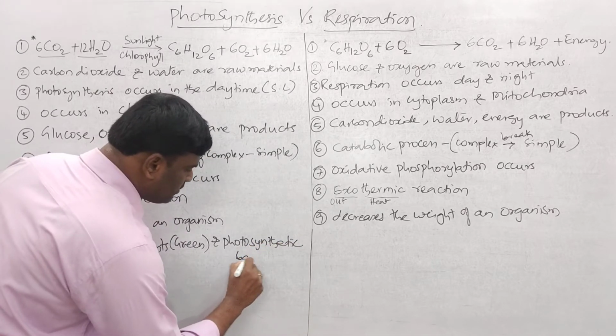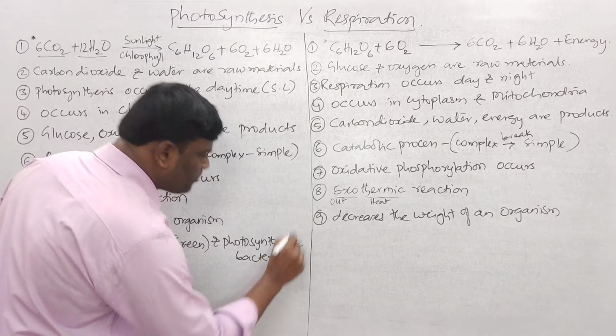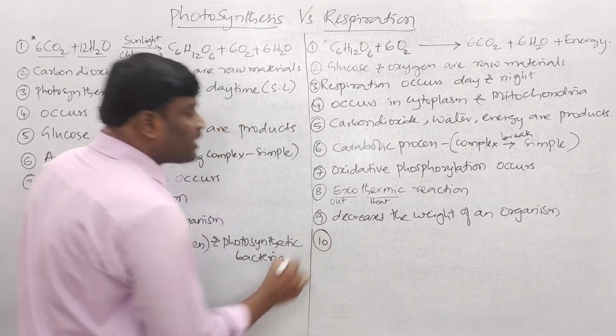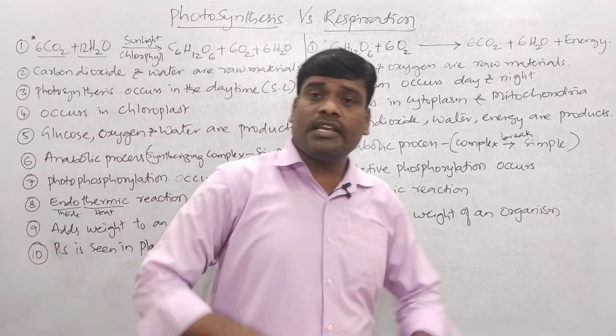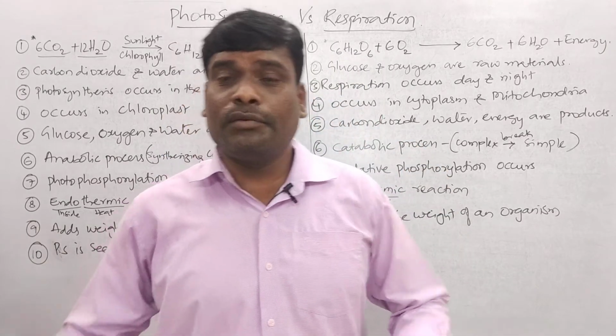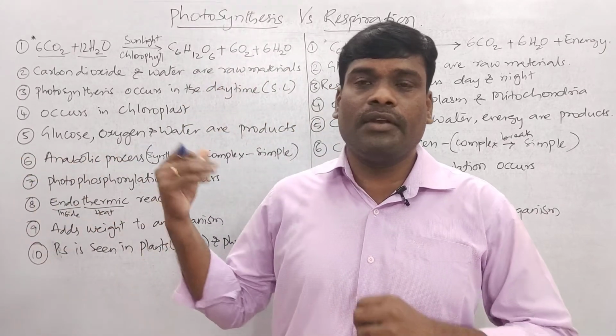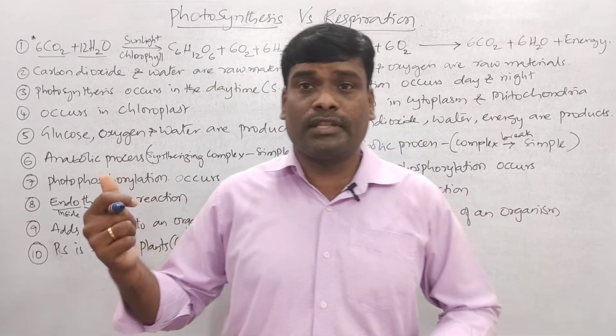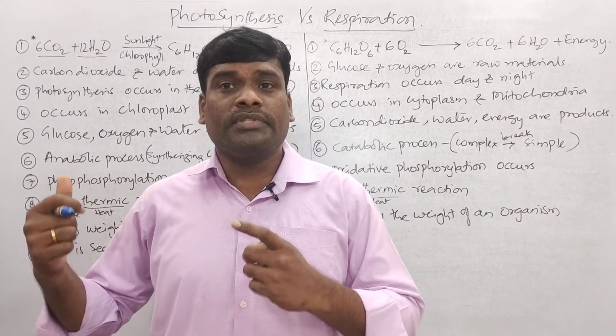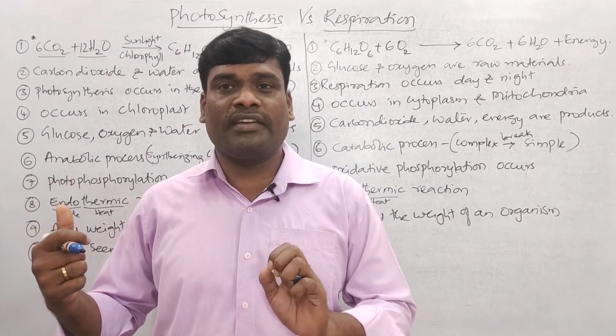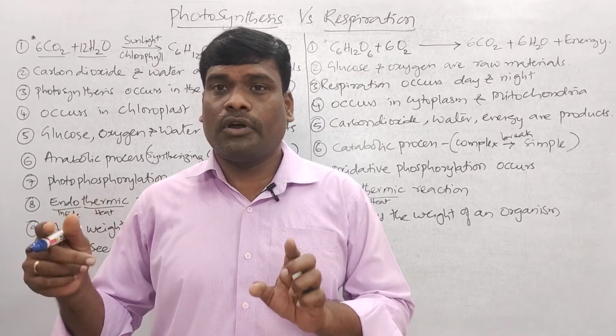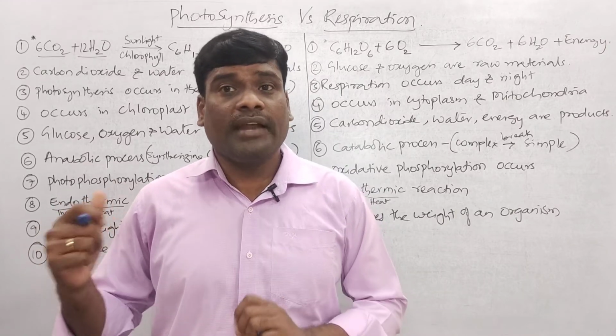And what about respiration? Respiration is seen in all the living organisms, including the plants also. We have studied already about respiration in plants in the previous video. If you want to see that video, children, the link will be given in the description box. You can enjoy watching that respiration in plants also.